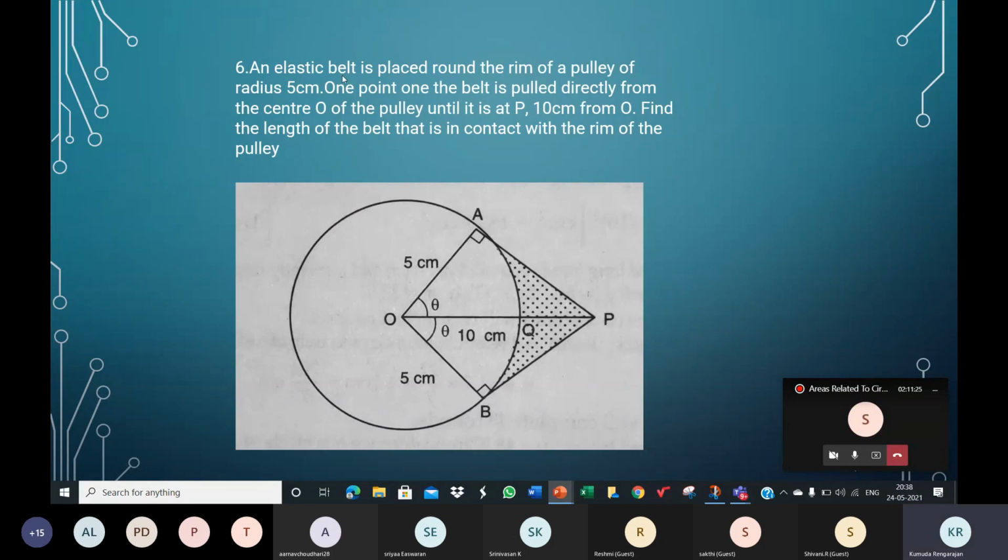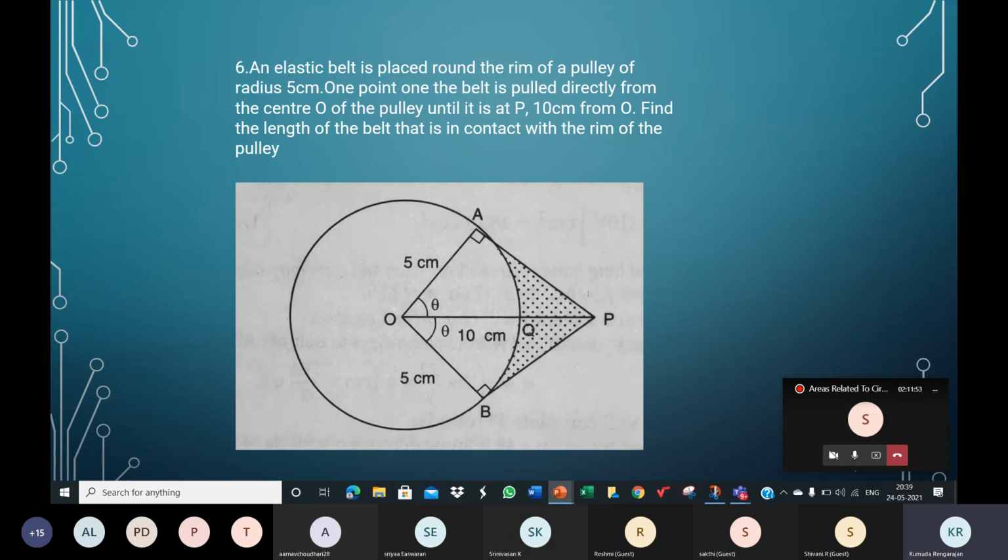Okay, an elastic belt. An elastic belt is placed around the rim of a pulley of radius 5 centimeters. So pulley, you see it in a well, right? A pulley is used to draw water from the well. The rope to which the bucket is tied is put along the rim of the pulley.